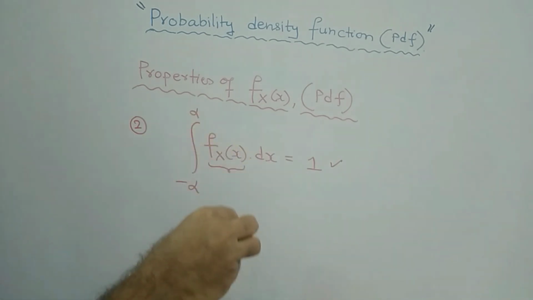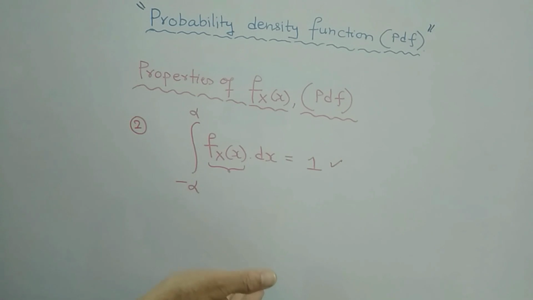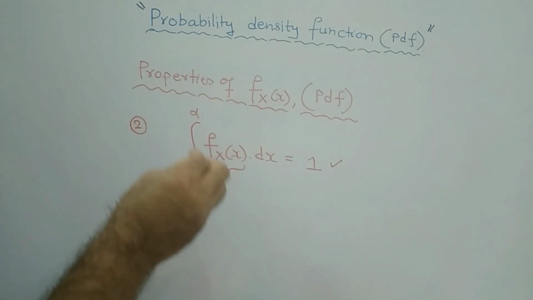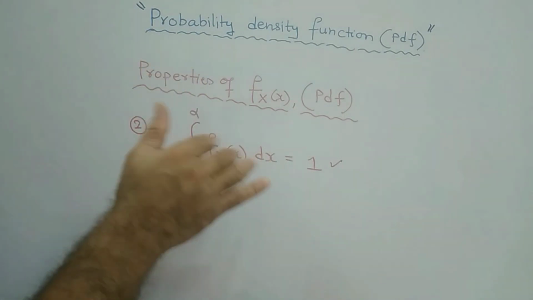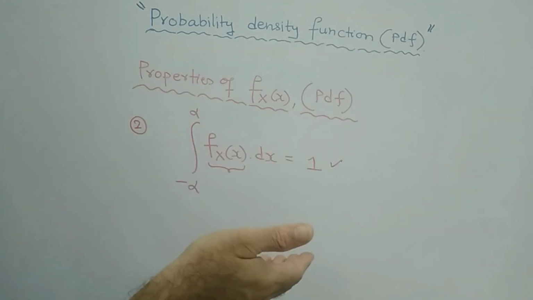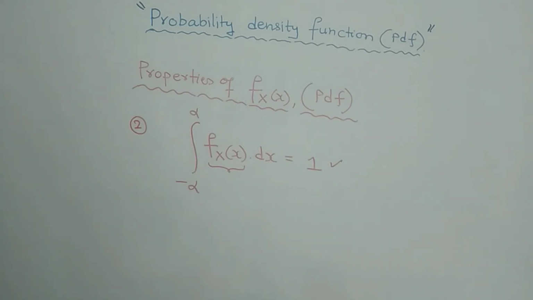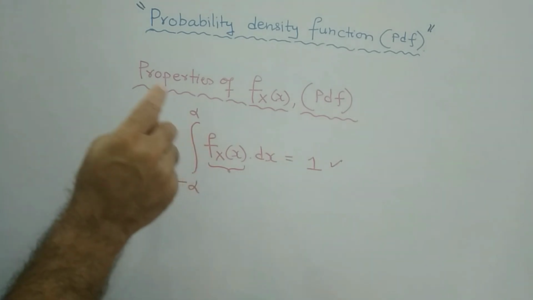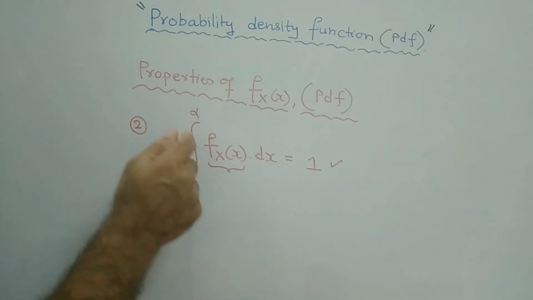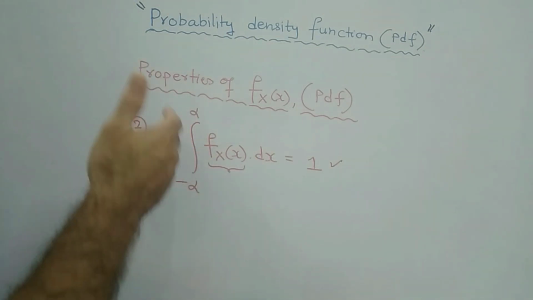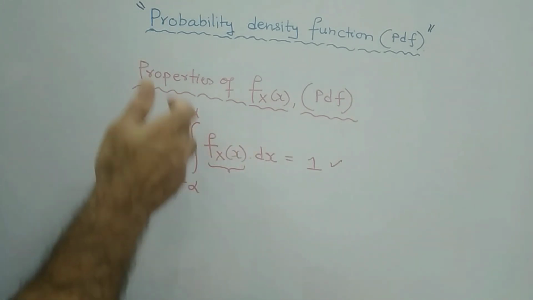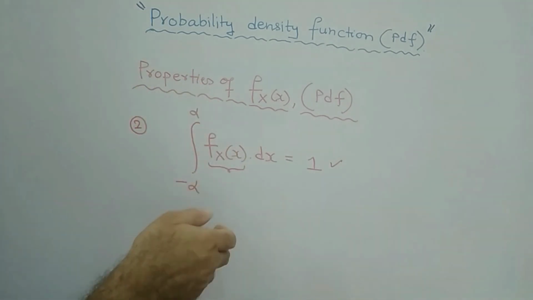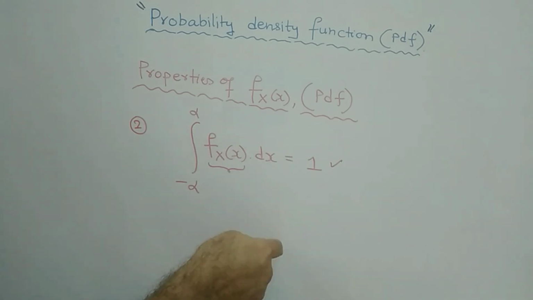Sometimes in your examinations, maybe in the GATE examination or UPSC IES examination or even in your regular academic examinations, they will give you a certain density function of a random variable and ask you to find out whether it is a valid density function or not. For that case, you just evaluate the given density function over the given intervals, and see whether your answer is 1 or not.